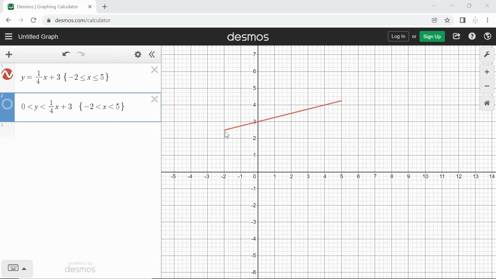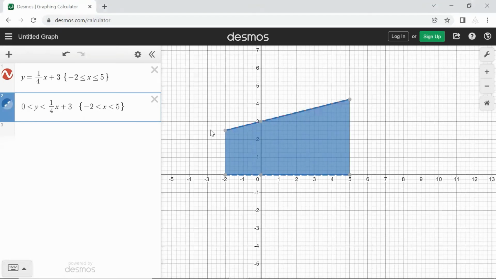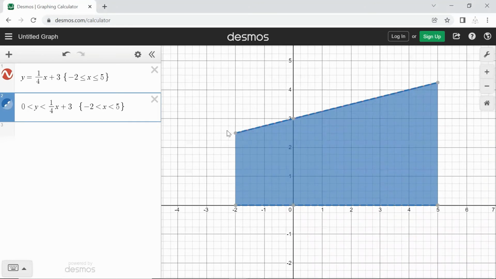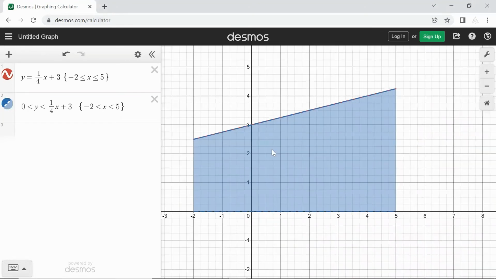You'll notice that in this case, our line is above the x-axis the entire time. In fact, the signed area that we're going to be calculating, I've shaded here in blue, goes from -2 to 5, and we have this shape.